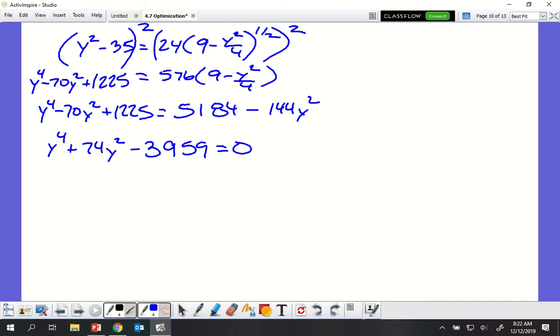So what can I do with this information right now? Restrict the domain. So can we put in the graph? Yeah, you can make your window from 0 to 6. And then what am I going to be looking for? Zeros, right? So please do that right now. I know everyone has a calculator right now.